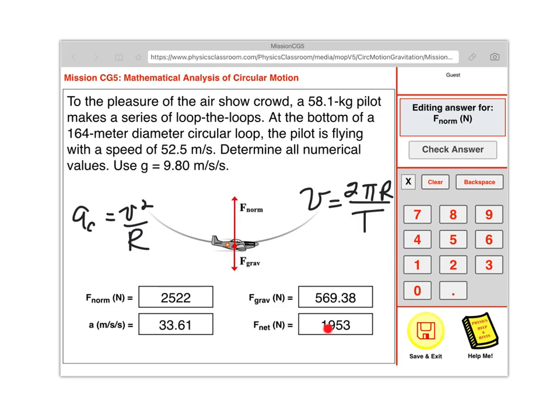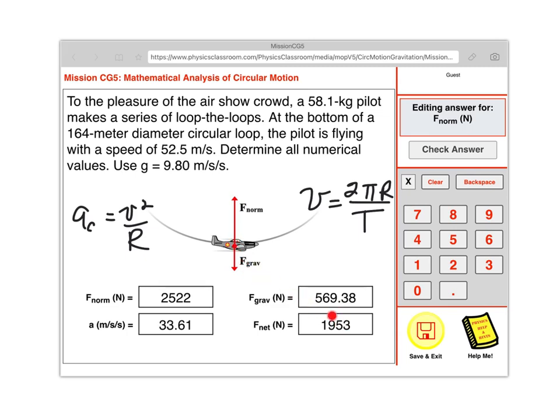And notice the net force is more than 3 times the weight of the person, because the acceleration's more than 3 times 9.8.